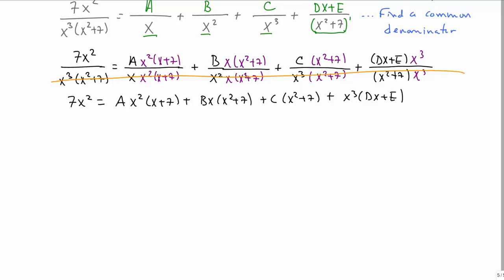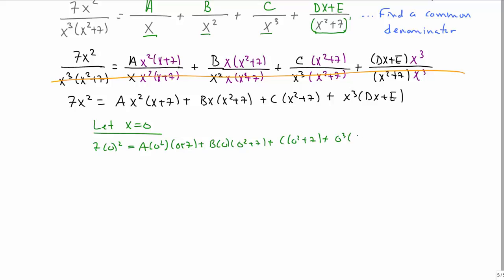Okay, so if I let x equals 0, on the left-hand side I have 7 times 0 squared. And on the right-hand side I have a times 0 squared times 0 plus 7, plus b times 0 squared plus 7, c times 0 squared plus 7, 0 cubed times d times 0 plus e.